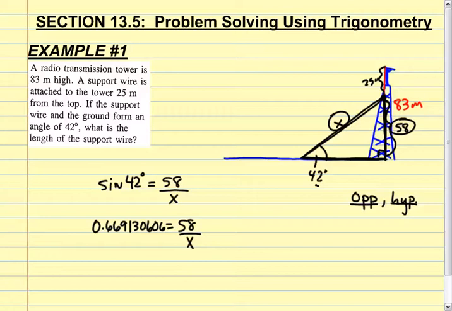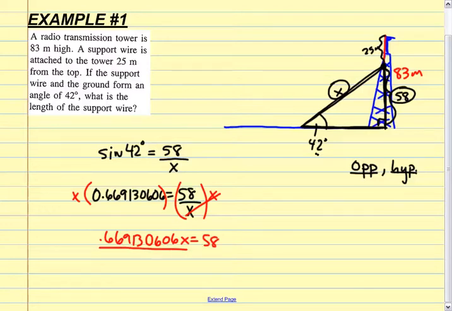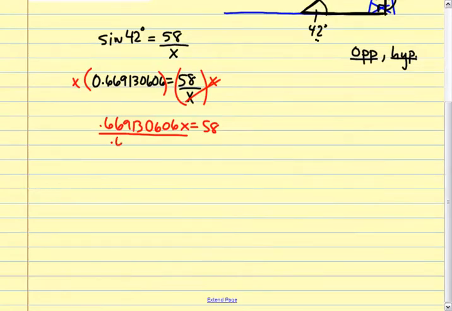To find x, I've definitely got to get it out of the denominator. So I multiply this side by x and this side by x. Those cancel, and I'm left with 0.669130606x is equal to 58. Let's divide by 0.669130606 on both sides.